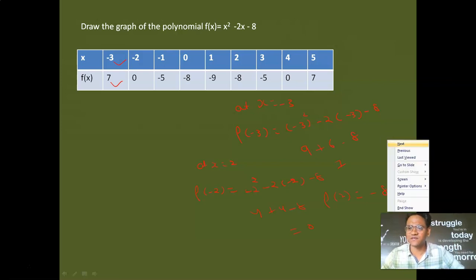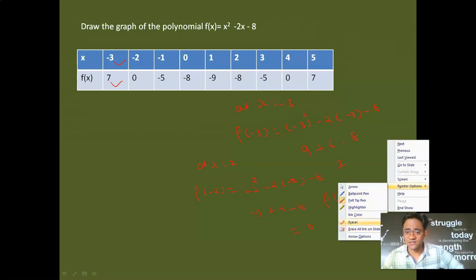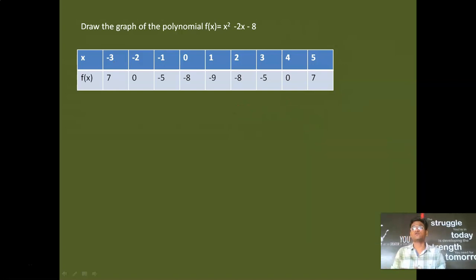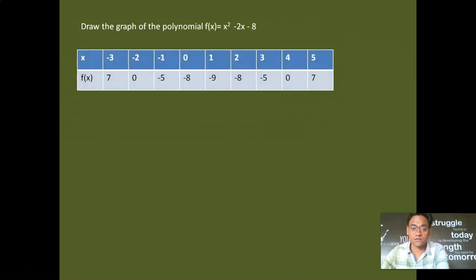I guess no confusion. Now next we are going to plot these points on the Cartesian plane. Let me draw a Cartesian plane. Suppose this denotes x-axis, this denotes y-axis.